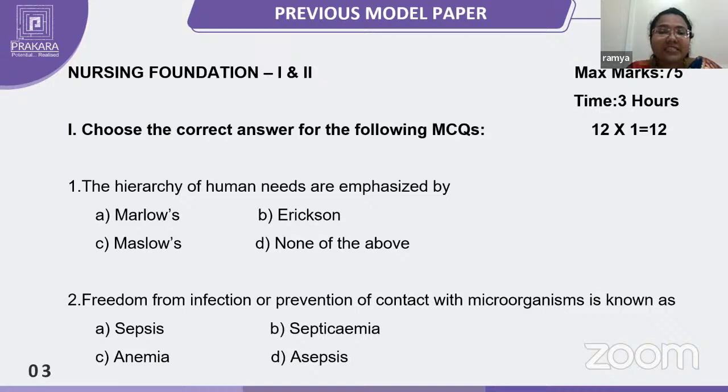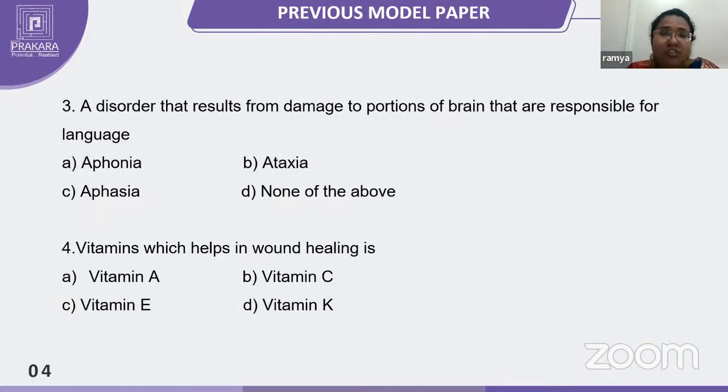So the answer is D. You'll write question number 2, the answer is D, that is sepsis. In such a way, you will write the question number followed by the answer. Either it may be the complete answer or you can write the option also. For every right answer, you'll secure 1 mark.